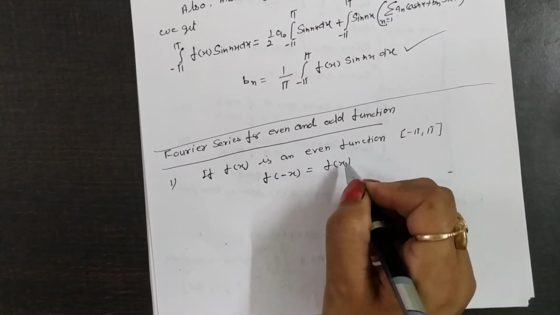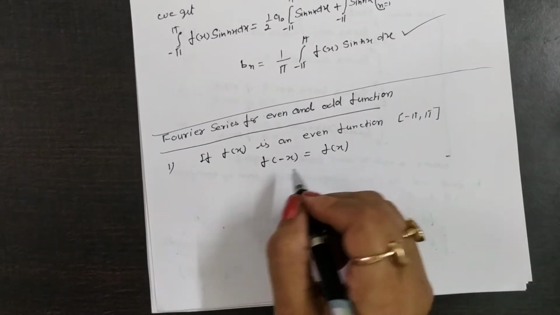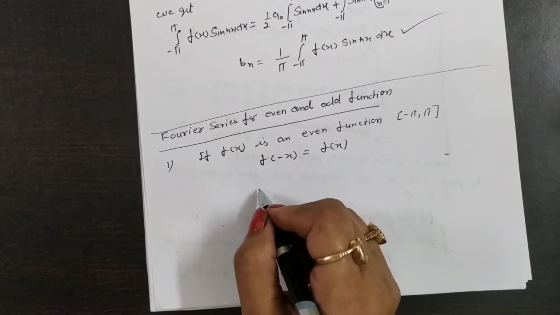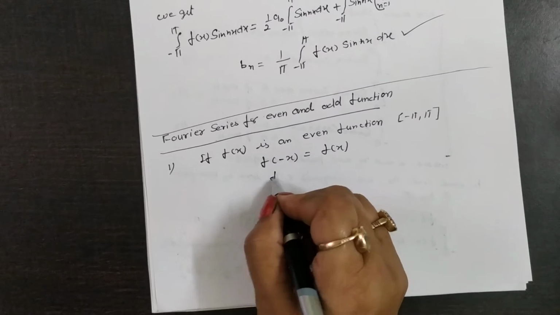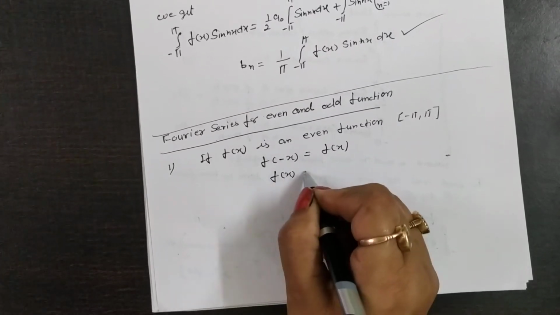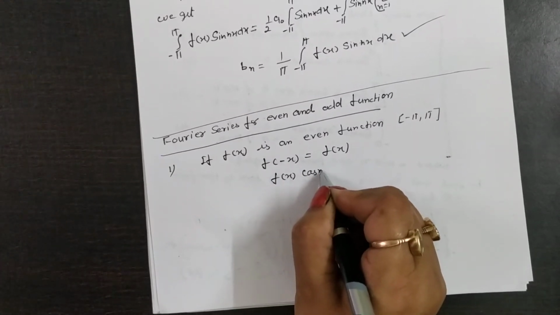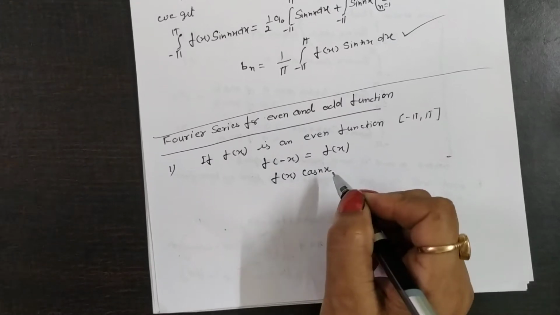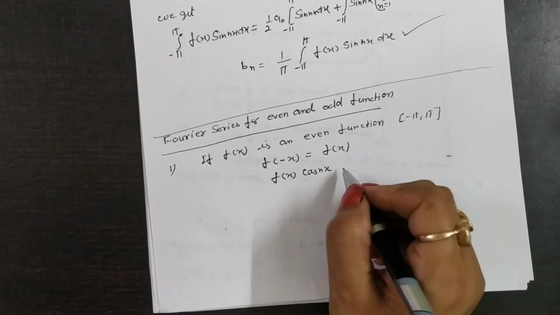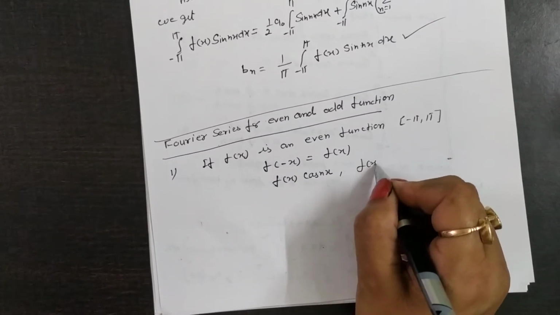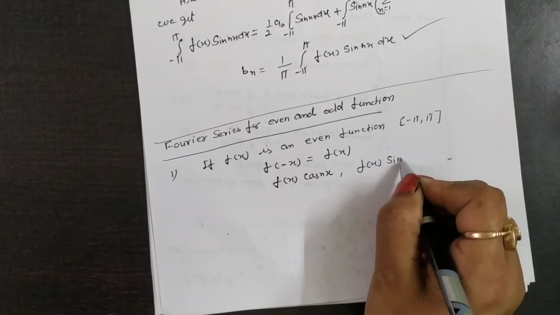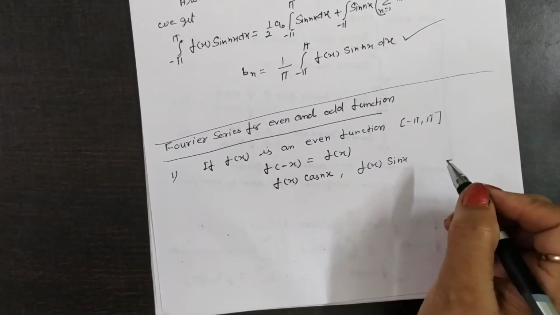Clear? Then in the Fourier series, f of x cos nx gives the even value, and f of x sin nx gives the odd value.